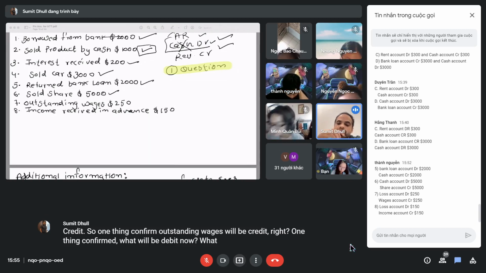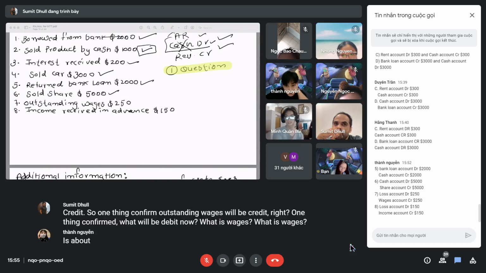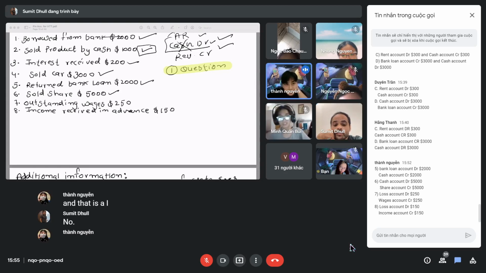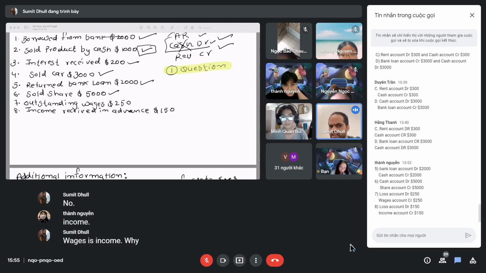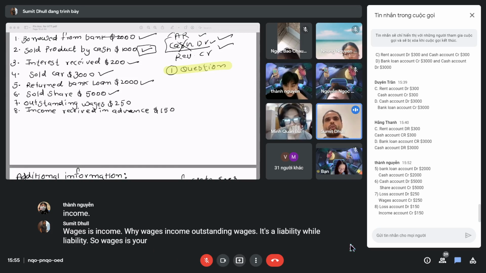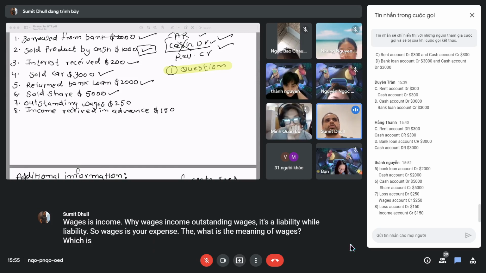What will be debit now? What is wages? Did you pay cash? I think wage is income. Why is wages income? Outstanding wages, it's a liability. Wages is your expense. Wages means the money you pay to your worker to work.